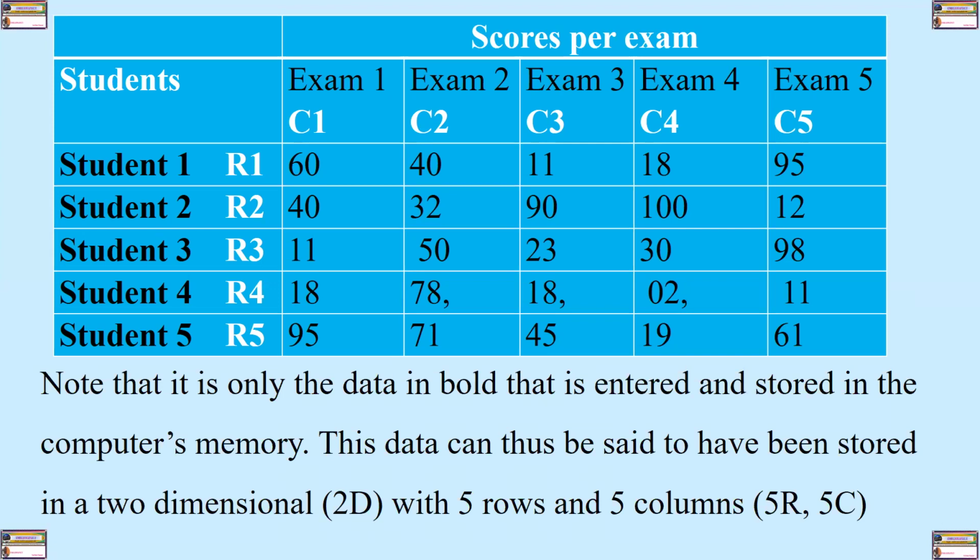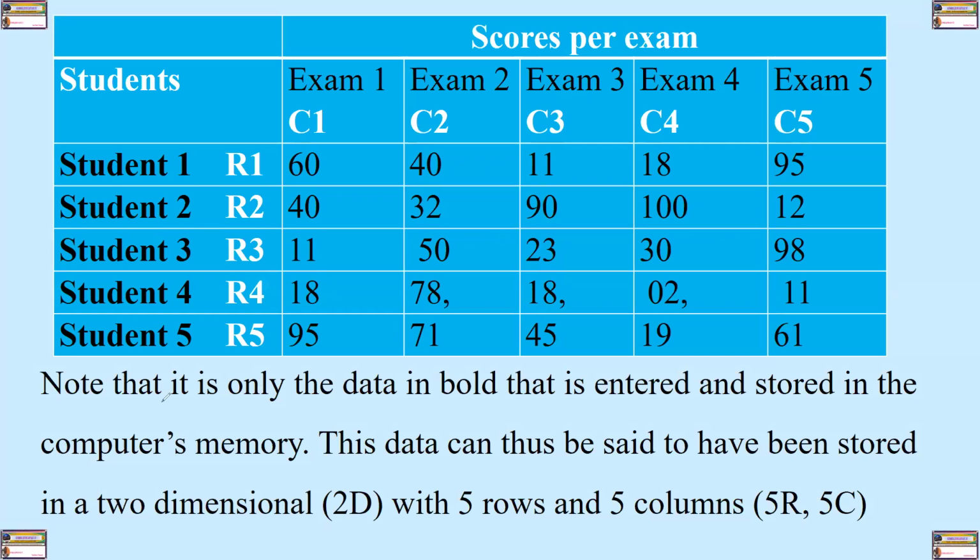Now, in this case, let me not say it's only the data in bold that is entered and stored in the computer's memory, because what is in bold here is student 1, 2, and 3. So what we are going to store in memory is not what is in bold in this case. So that's a mistake. So let me cancel this statement.